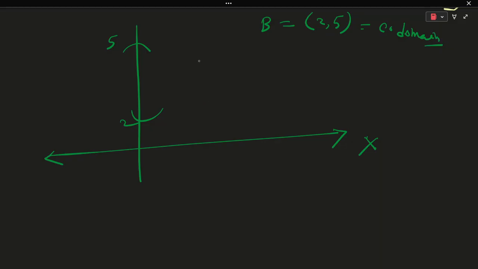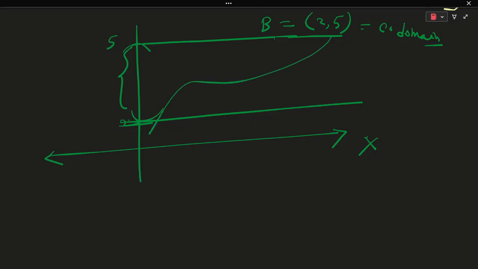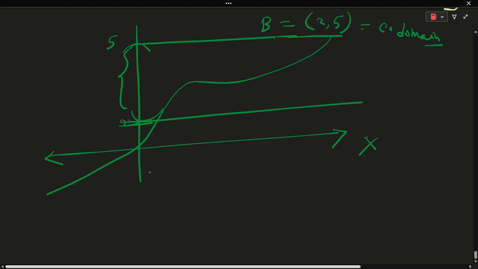If you take a function, that means any curve, the range lies between this. So if the curve goes outside of this, there is no point from this, right? Now if you cut these points, right?